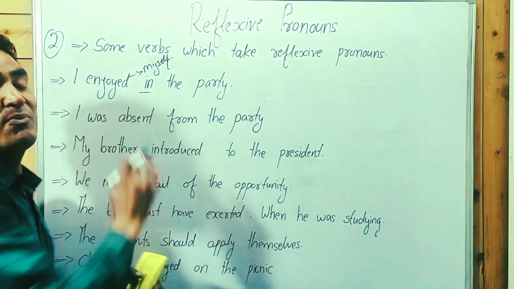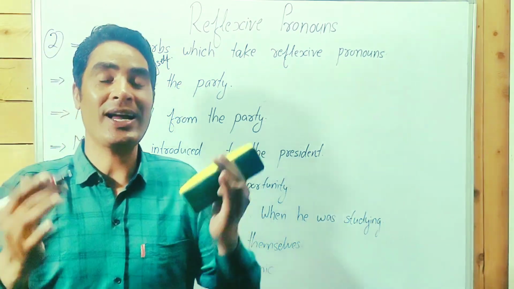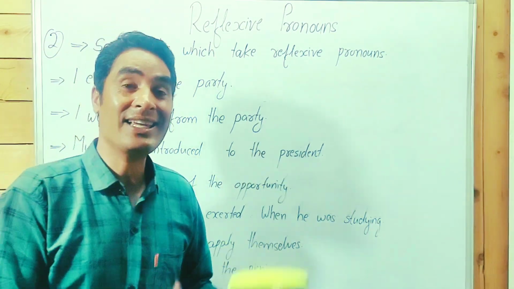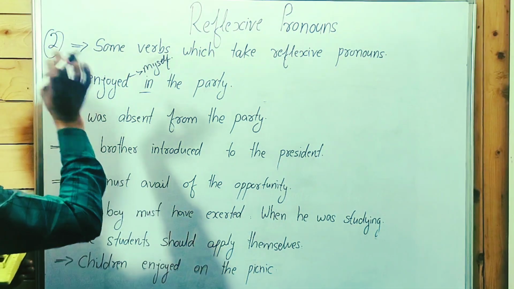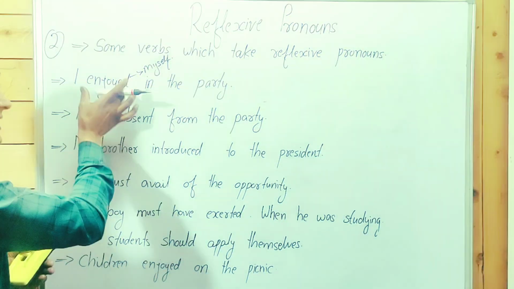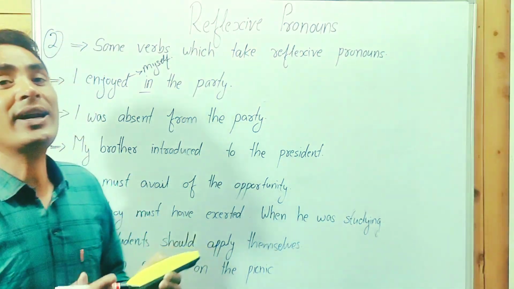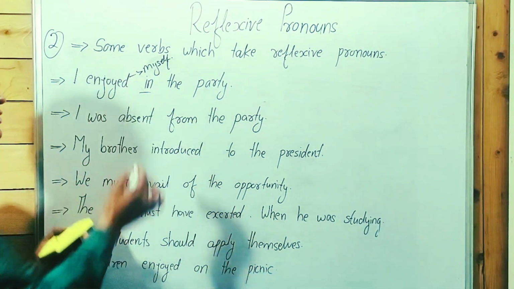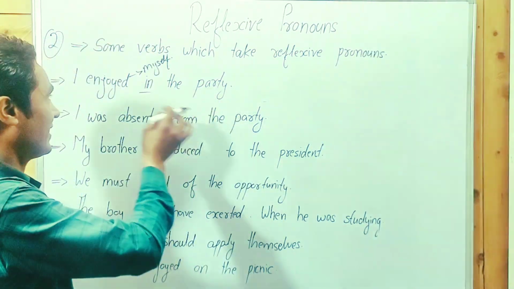I enjoyed music in the party, I enjoyed food in the party, I enjoyed dancing in the party, I enjoyed singing in the party, whatever you want to say. If you give an object to the verb enjoy, in this case this sentence is 100% correct.